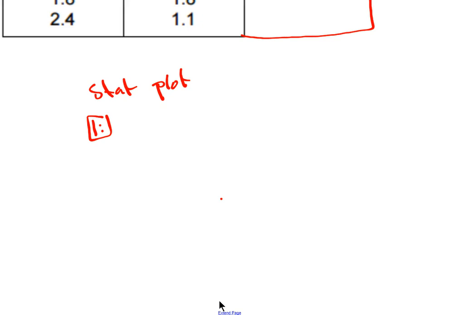It's most likely going to look tiny. So now hit the zoom button and then push the number 9. Zoom 9 auto fits it to your screen. And then you look at it and ask yourself, is that a line? Like, is it linear? Is it straight? Okay.